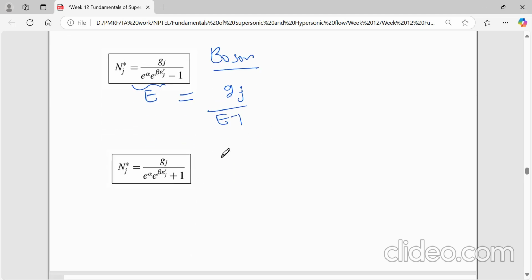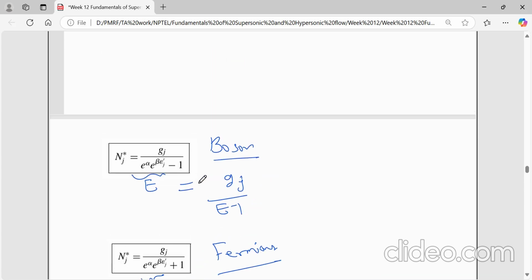Similarly, for fermions, this value is given by Gj upon e to the power alpha e to the power beta epsilon j dash plus 1, and this e to the power alpha e to the power beta epsilon j dash is nothing but E, so it is given by Gj upon E plus 1.